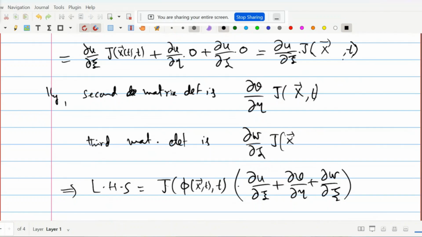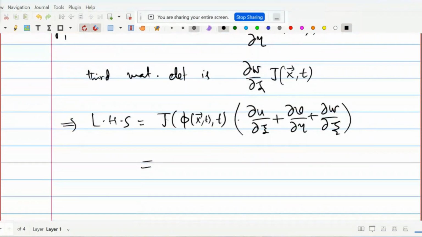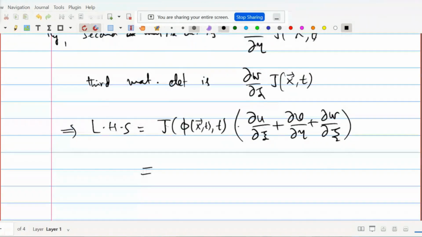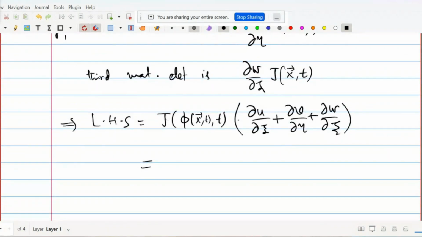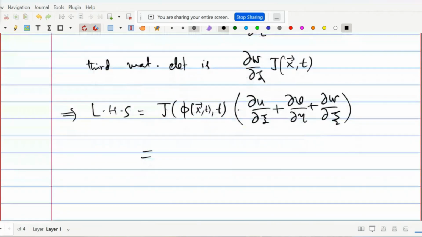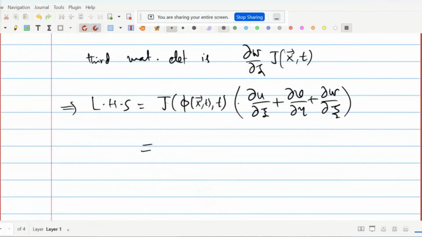Sir, if the Jacobian J of x(t) is fixed, then why are we putting ∂ in the above equation where we have written ∂/∂t?